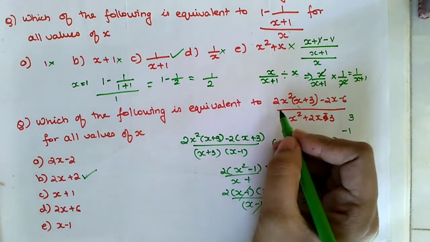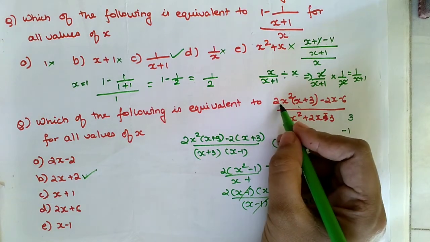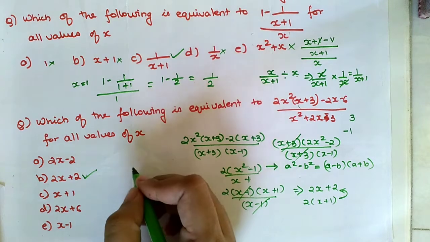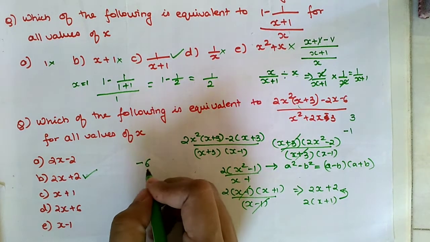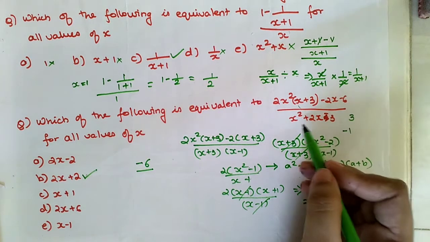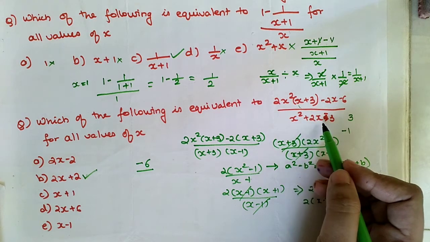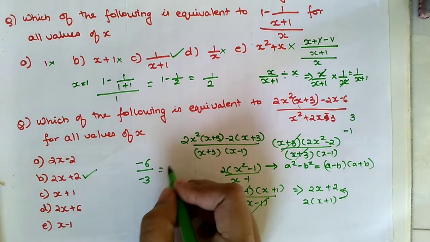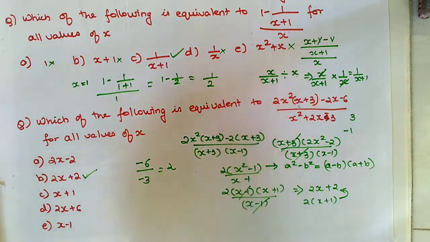So now let's see, if I take 0 over here, my entire numerator till here becomes 0. So the only number left in the numerator is minus 6. And in the entire denominator, I'm just left with minus 3. So my answer is just positive 2.